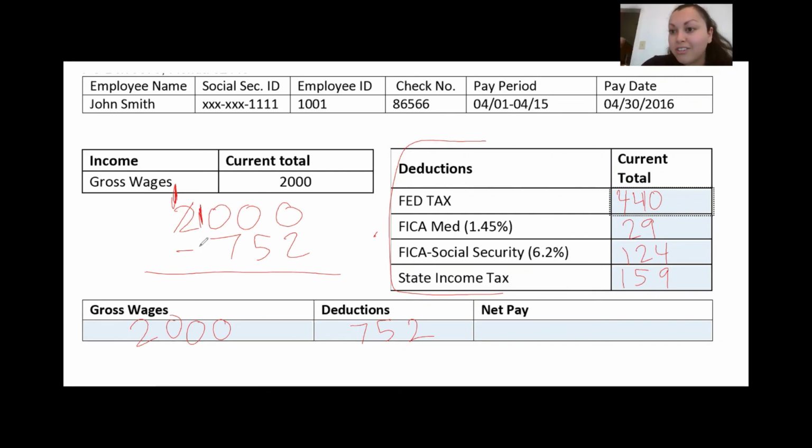So 1,000 and 1,000 makes 2,000. We're going to regroup this again. So now we have 10 minus 2, which is 8, 9 minus 5, which is 4, 9 minus 7, which is 2, and 1 minus nothing. So our $2,000 check now looks like $1,248.